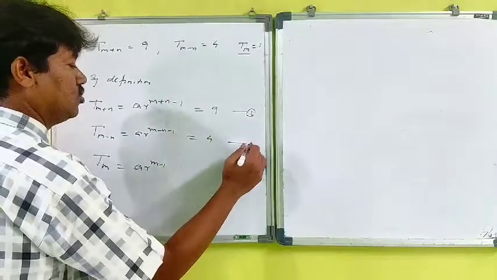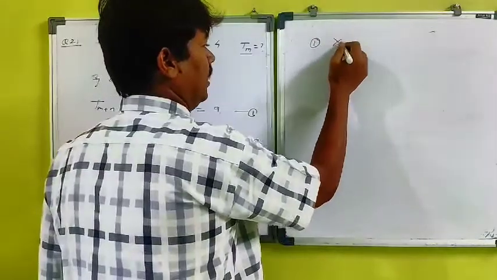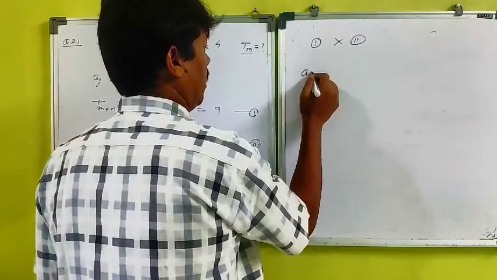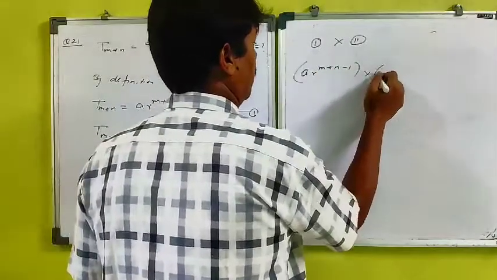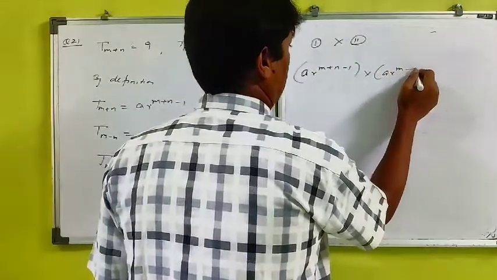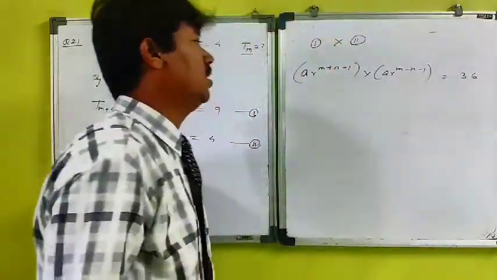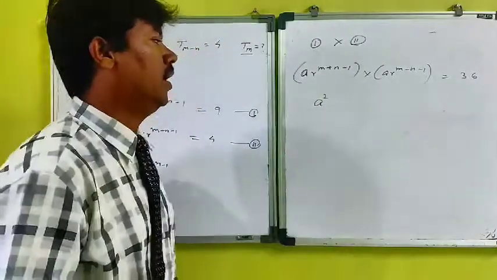So multiplying equation 1 by equation 2 will give you AR^(m+n-1) into AR^(m-n-1) is equal to 36. Now here A into A gives you A square.